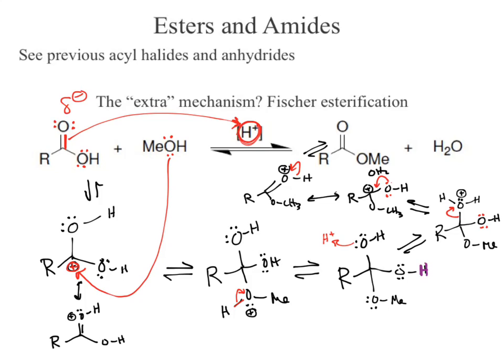So we could distill off the water. What else could we do? Put in excess of one of the reagents to force our equilibrium. Which reagent do we typically pick? It's usually the alcohol, because the alcohol is a little bit cheaper and technically less dangerous. I know carboxylic acids aren't that bad, but they are technically a little bit less dangerous than our alcohols.